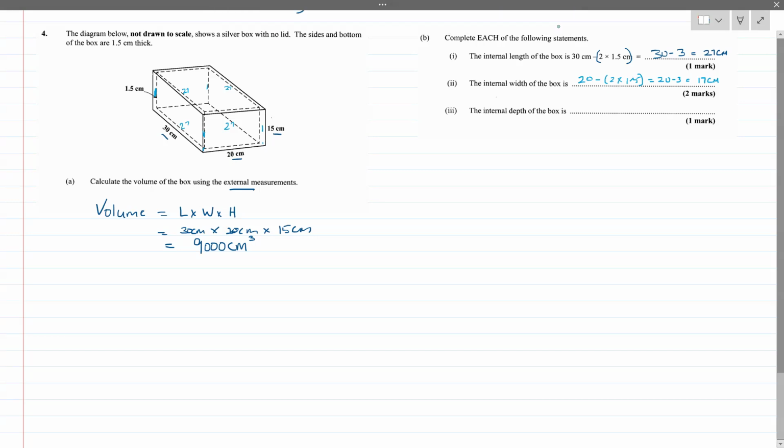They said that the sides and bottom of the box are 1.5 centimeters thick. Only the sides and bottom, not the top. So that means we're going to be taking 15 minus 1.5 centimeters. And that'll give us 13.5 centimeters. Yeah, everybody right to that?